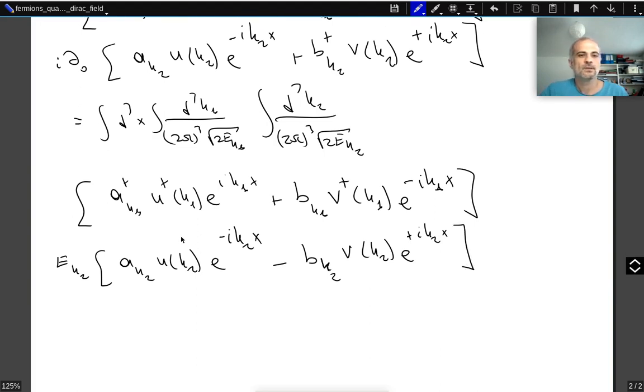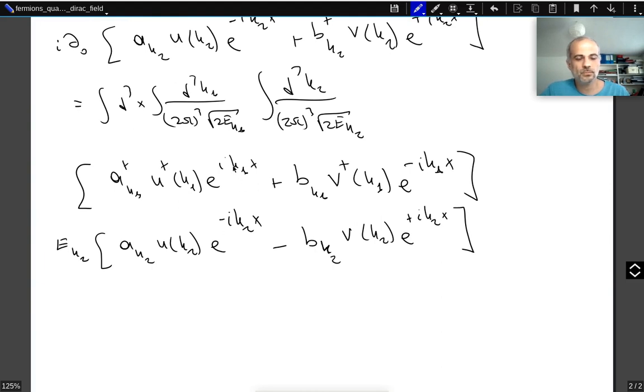Now, I will be multiplying these. Note that multiplying it out and taking the d cubed x integral, the d cubed x integral will basically tell me that 3 vector k1 should be equal to plus or minus 3 vector k2.